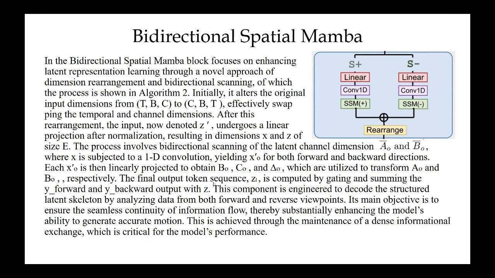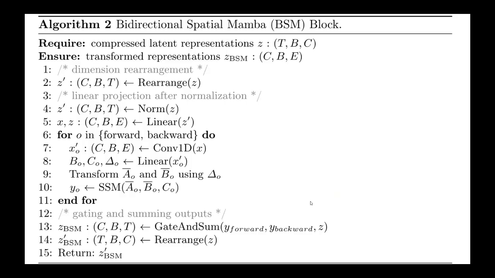The final output token sequence Z_L is computed by gating and summing the Y forward and Y backward outputs with Z. This component is engineered to decode the structured latent skeleton by analyzing data from both forward and reverse viewpoints. So now we pass this Y forward and Y backward, which are basically outputs of the SSM for forward and backward, and this Z. What gate and sum means is basically our output from this is gate 1 times Y forward plus gate 2 times Y backward.